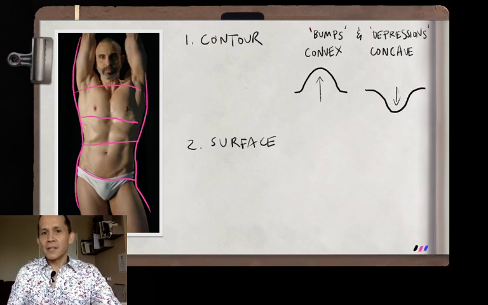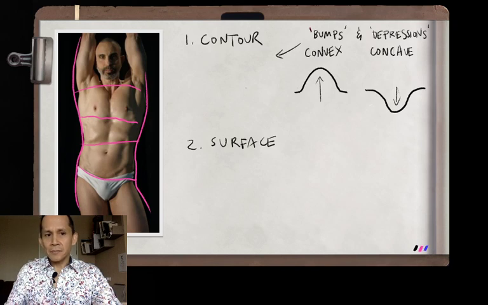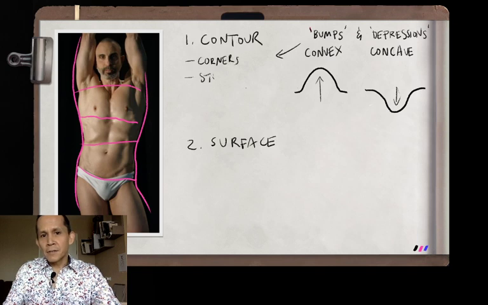Now, on the contour, bumps and depressions look like corners, straights, and direction changes.